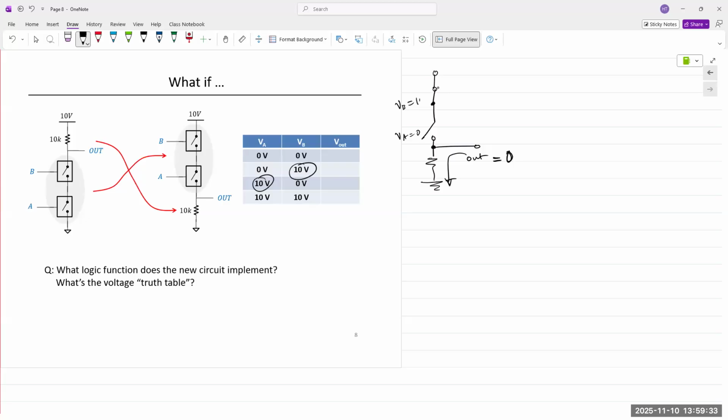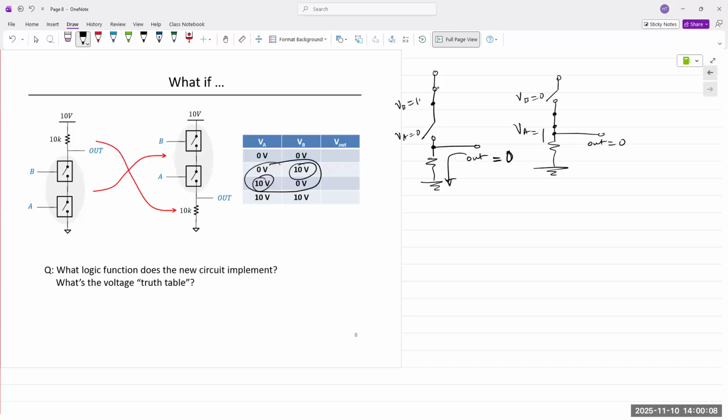By extension, these two cases will be the same, right? So it doesn't matter whether a switch is open or not. If the other one is open, then output is automatically connected to ground, so it's 0, right? So this is VB equal to 0 and VA is equal to 1. So if either one of the switches is open, output's already connected to ground, right? So it doesn't matter which one it is.